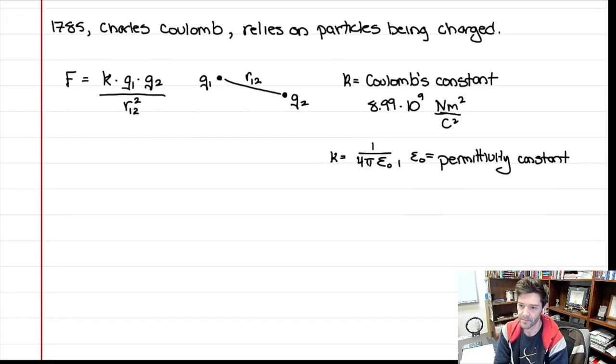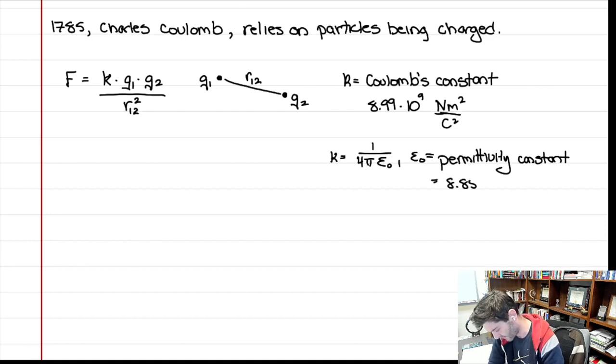Sometimes it's the permittivity of the vacuum, or you might hear it called the electric or dielectric constant or something like that. It has a value of 8.85 times 10 to the minus 12 coulomb squared divided by newton meter squared.